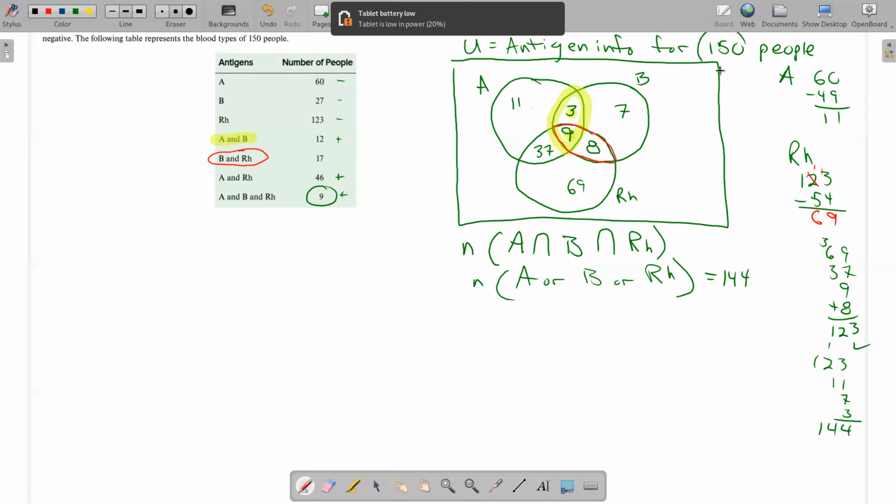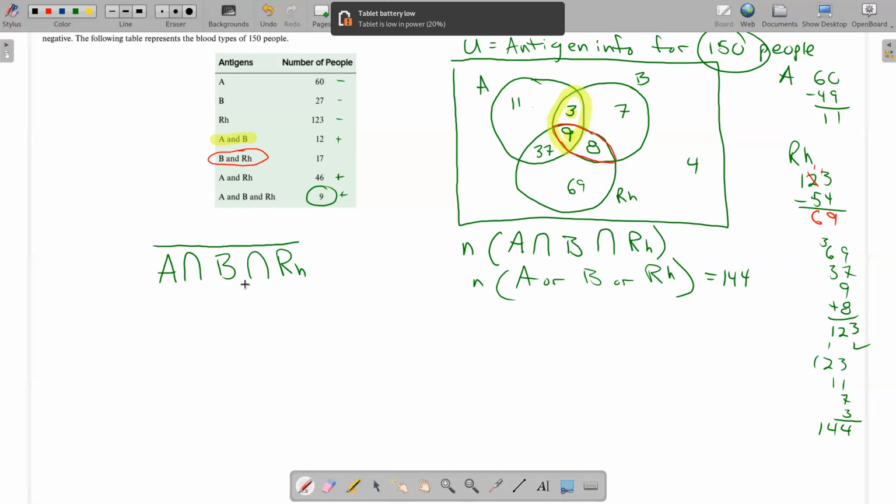I'm supposed to have 150 people, so that must mean there's 4 people out here that have neither A nor B nor RH. How would I write that down? So a couple ways to write that down. One way to write it is to say, okay, take that set we had a minute ago, A union B union RH, and look outside of that by putting a bar over the whole thing.